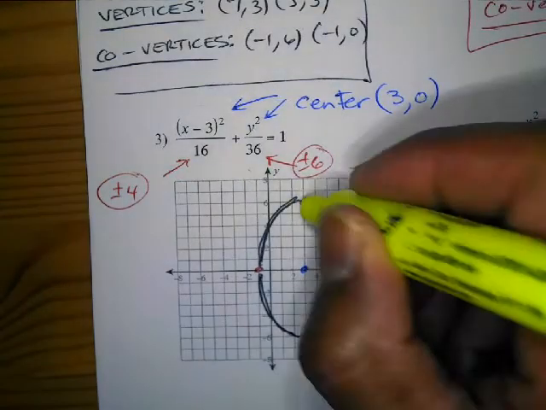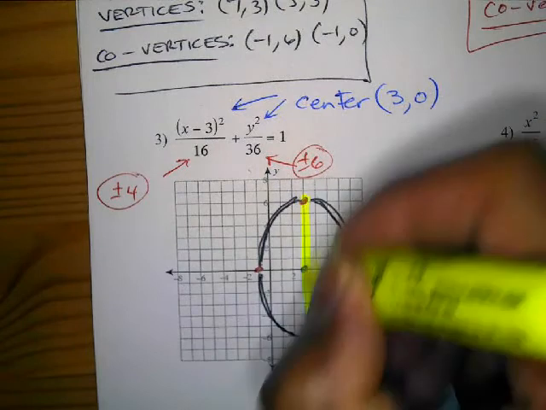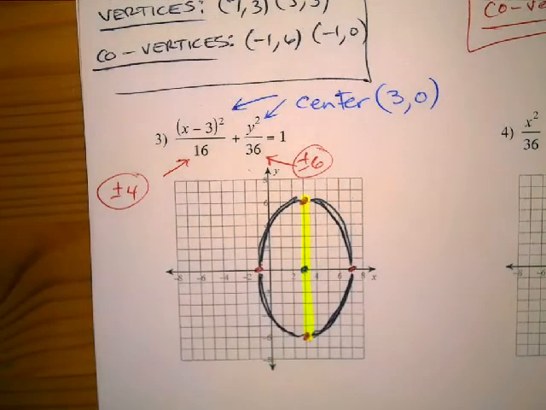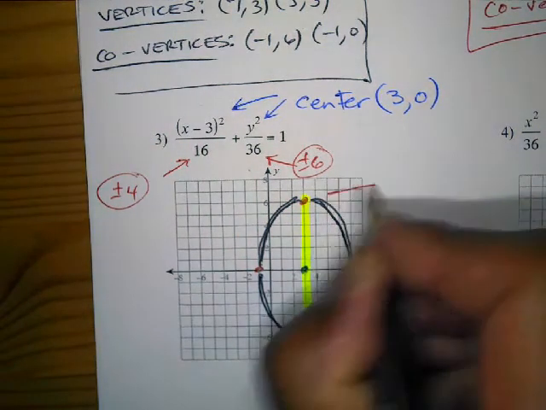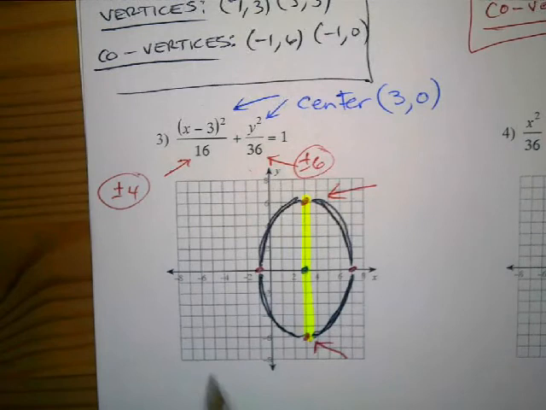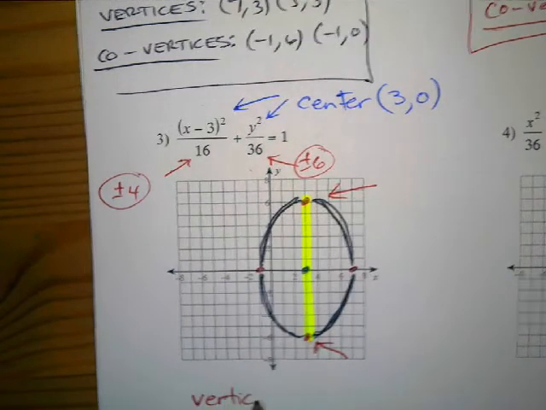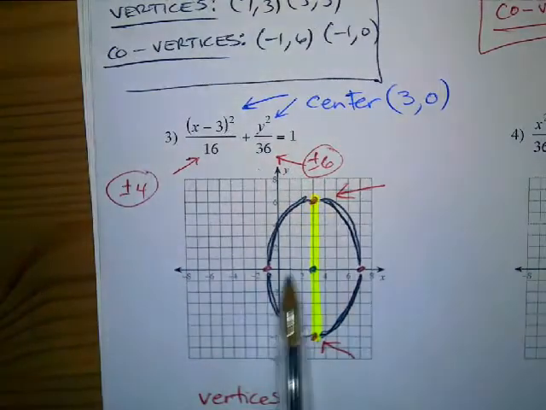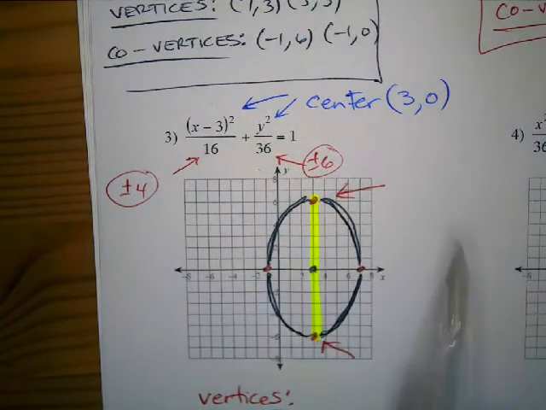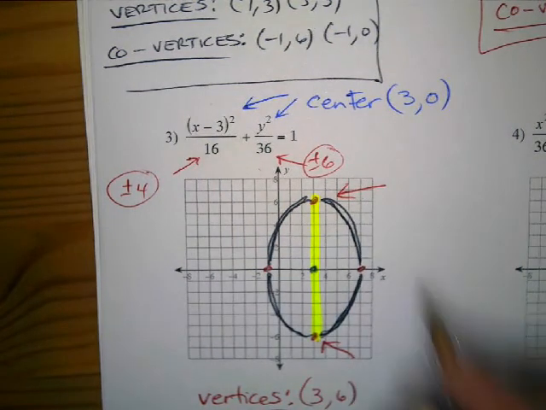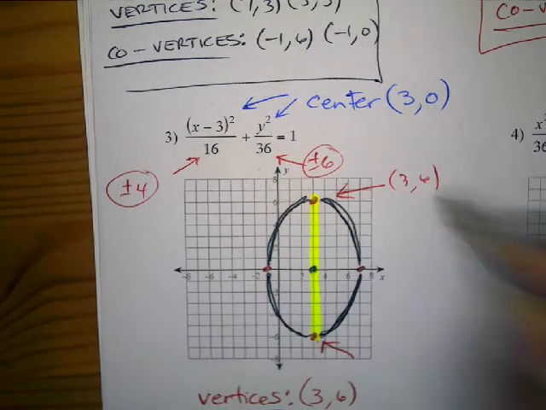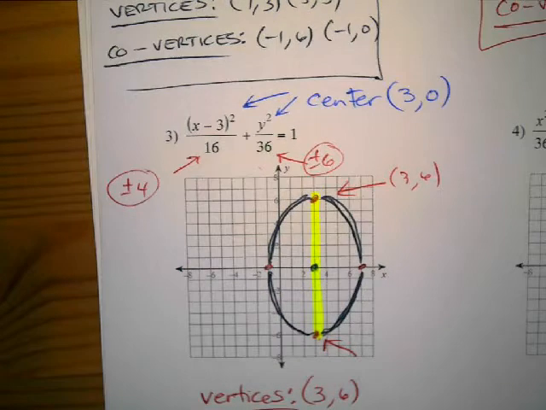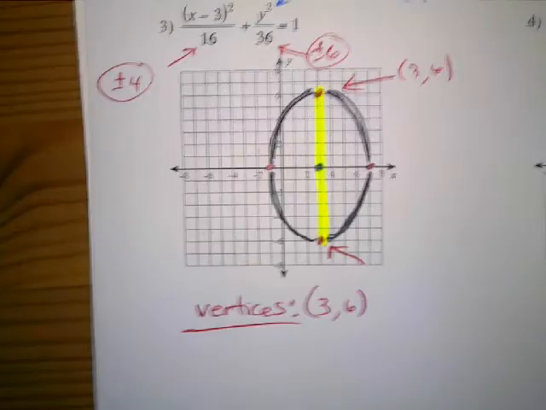Which ones are your vertices and which ones are your co-vertices? The vertices are the ones on the longer side, which is the major axis. So your vertices are these here that I will put in red. And those have coordinates 3, 6, which is this one.